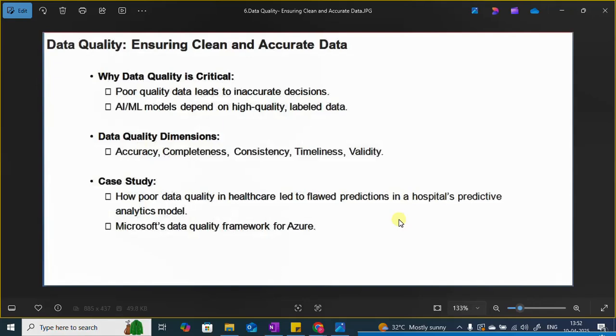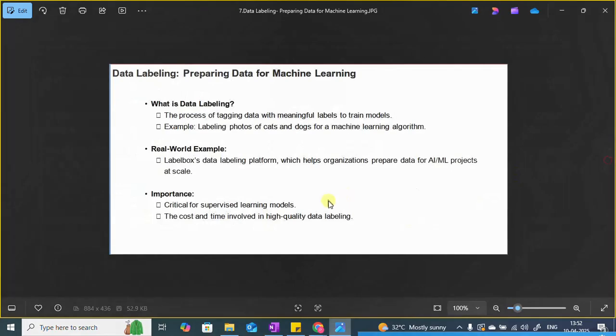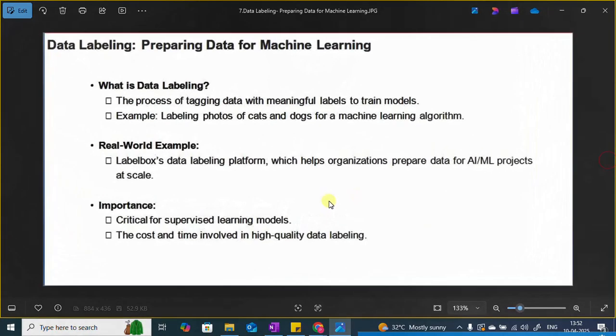Now, the Microsoft Data Quality Framework for Azure and all. Now data labeling, preparing data for machine learning. What is data labeling? The process of tagging data with meaningful labels to train models. Example, labeling pictures of cats and dogs for a machine learning algorithm.